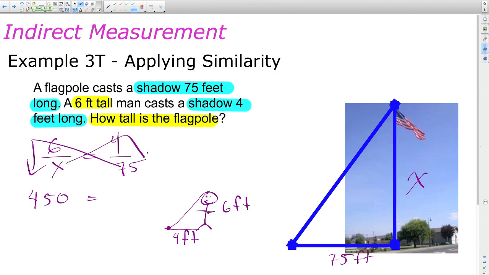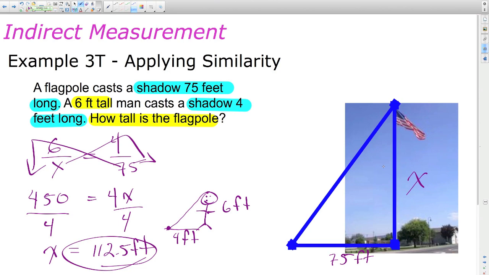X times 4 is 4x. Of course, we're going to divide both sides by 4. And what that gives us is x is equal to 112.5 feet. So the flagpole is about 113 feet tall. Exactly, it's 112.5 feet.